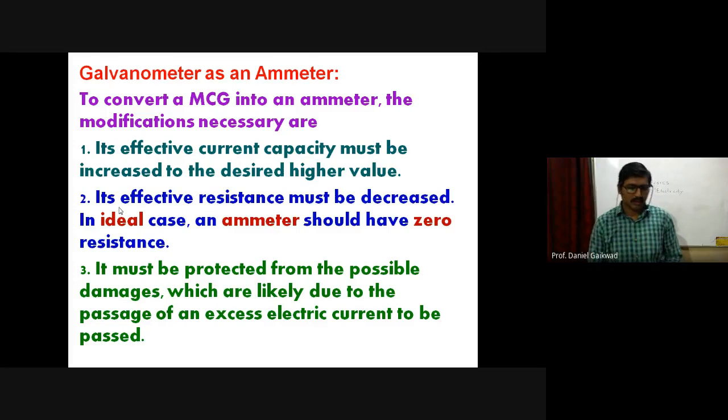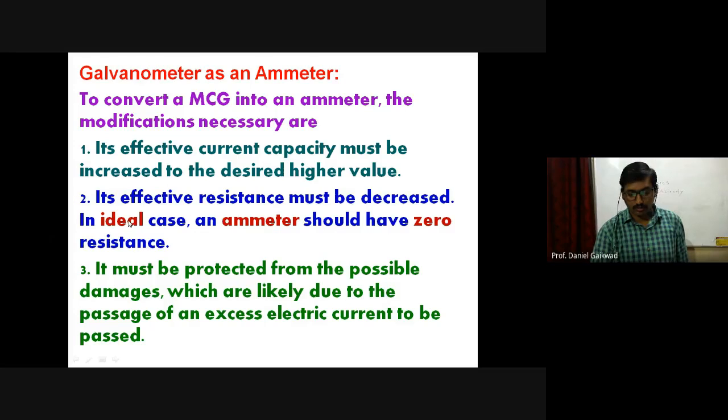This is because we connect the ammeter in series with the circuit. So in that case, resistance should be very small, so that minimum potential difference appears across the ammeter. So its resistance should be decreased. And in the ideal case, the ammeter should have zero resistance.